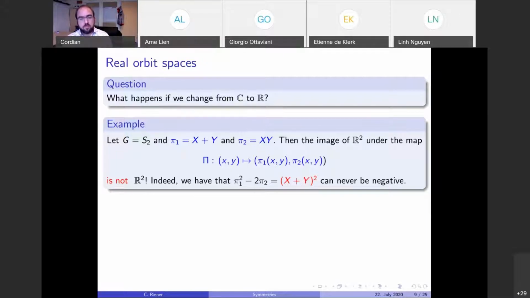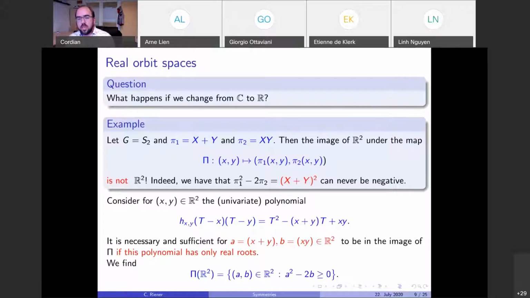Let's look at this again in our setup of univariate polynomials. I take x and y in R2, and I look at the univariate polynomial (t minus x) times (t minus y). By the very simple Vieta formula, this is t squared minus the first elementary symmetric polynomial times t plus the second elementary symmetric polynomial.